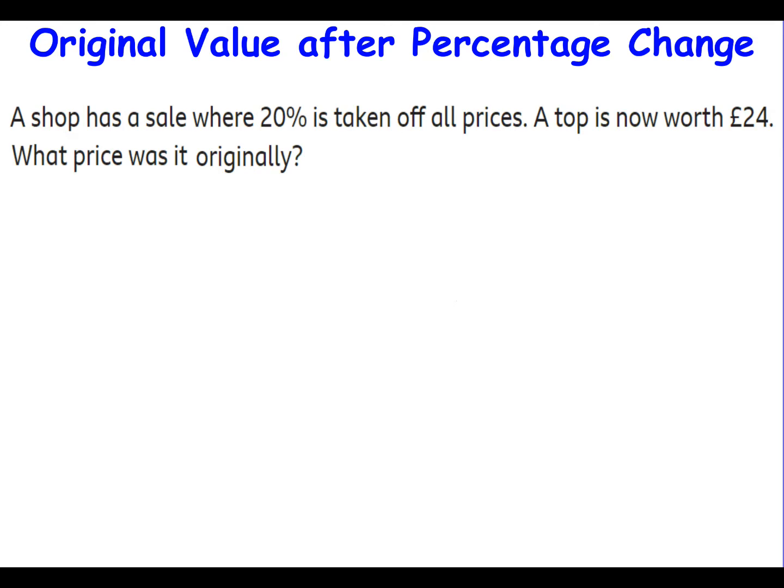Okay, let's have a couple of goes at practicing finding the original value after a percentage change. A shop has a sale where 20% is taken off all prices. A top is now worth £24. What was the original price? So we had something that has been reduced by 20%, so it's been multiplied by 0.8 to give us the £24.